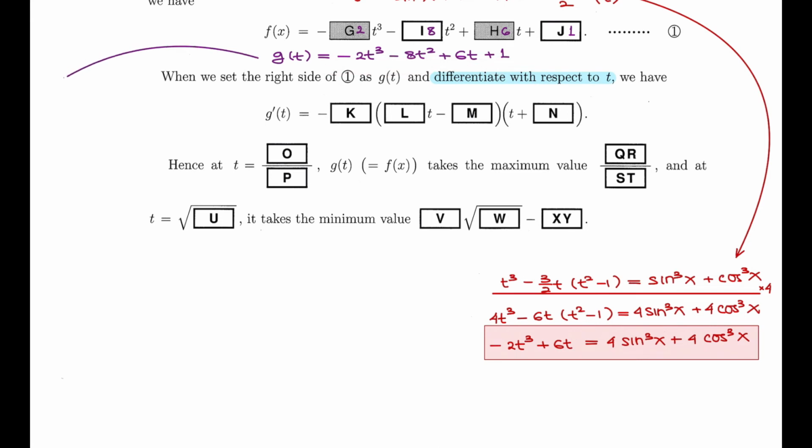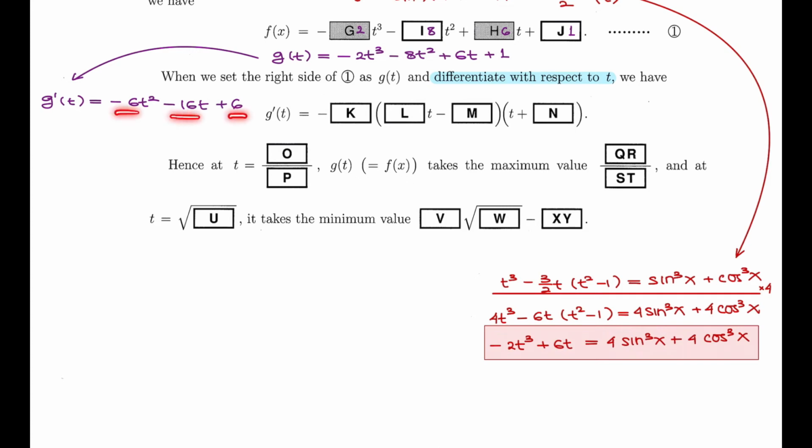So the first thing to do is differentiate this equation. If I differentiate that equation, g prime t equals negative 2 times 3, negative 6t squared, and then negative 16t, and then plus 6. The derivative of 1 is 0, right? So only plus 6 here. So after we differentiate it, I got this, and then we have to factorize it.